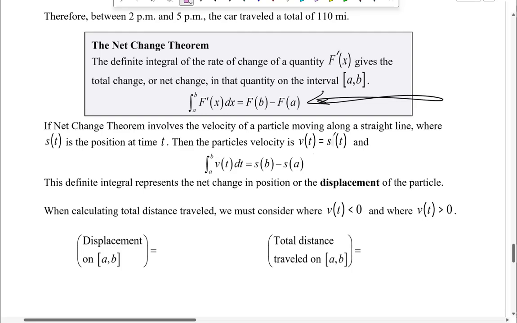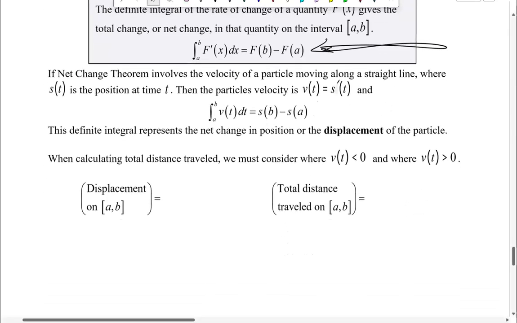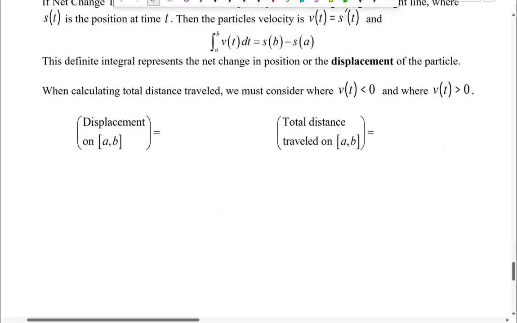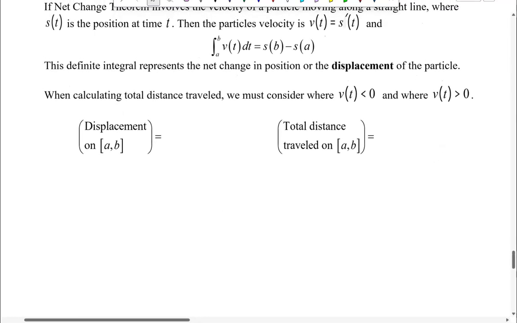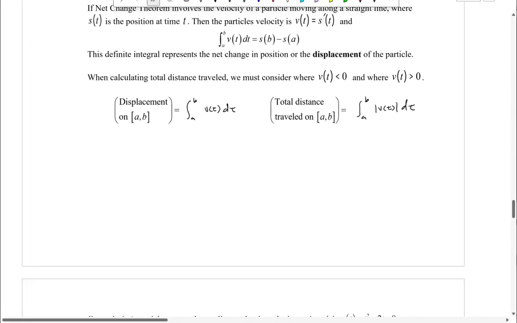So that's where that is. Now, what we saw in that previous example is the difference between displacement and total distance traveled. So for displacement, we're going to integrate from a to b the velocity function, dt. And for total distance traveled, we're integrating from a to b the absolute value of v of t dt, like that.